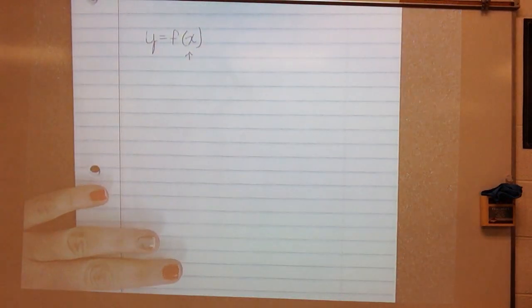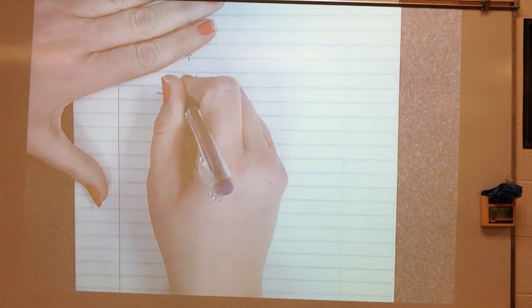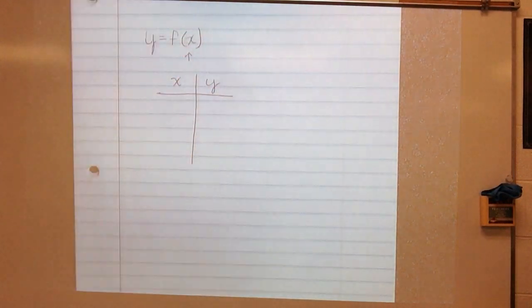We've talked about this before. We talked about how to identify a function. If you remember, when we were looking at functions before, we were looking at x and y values.